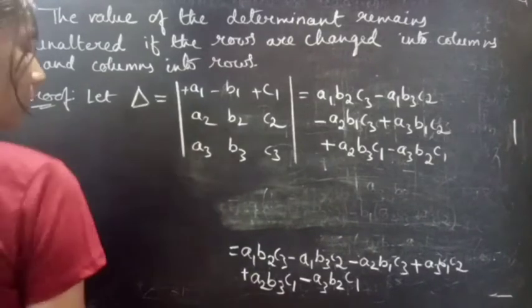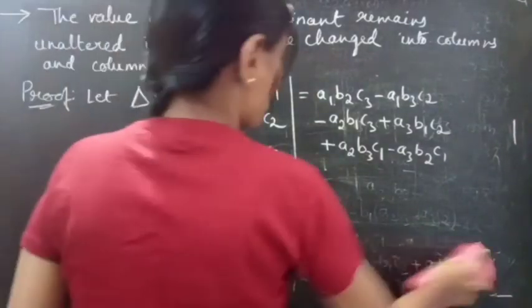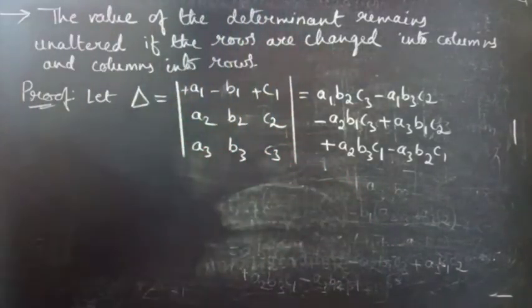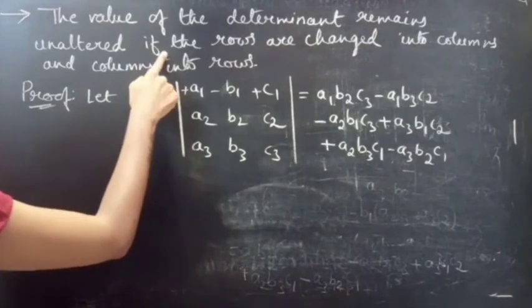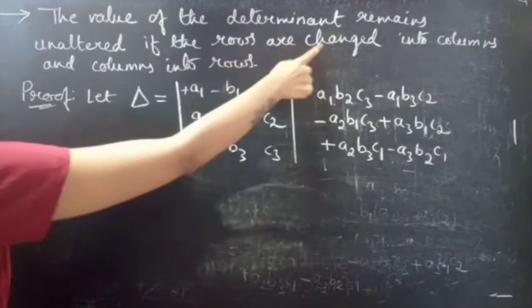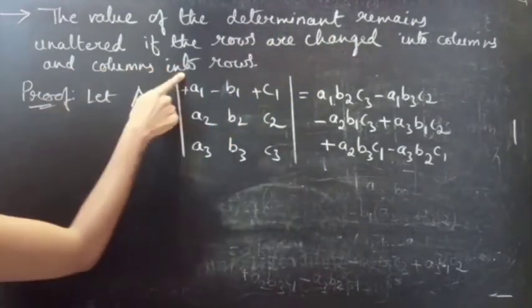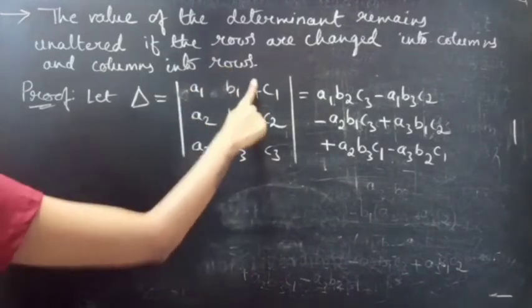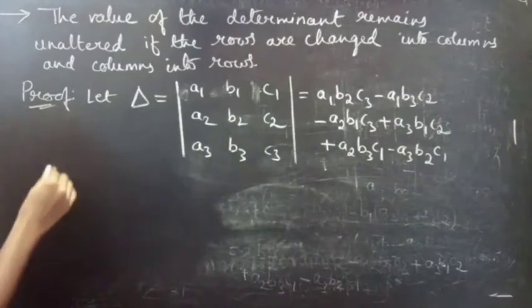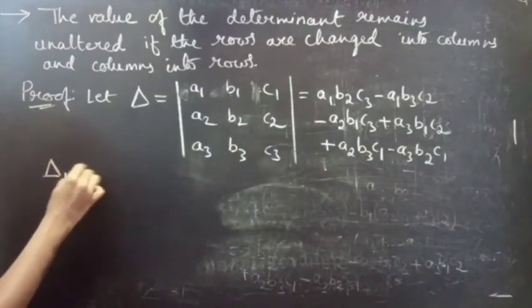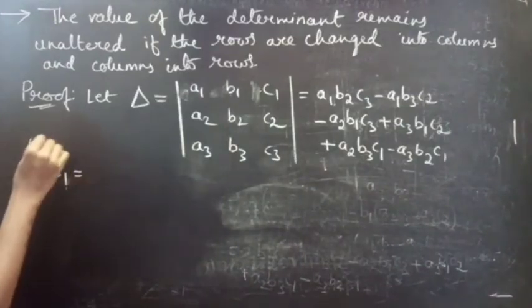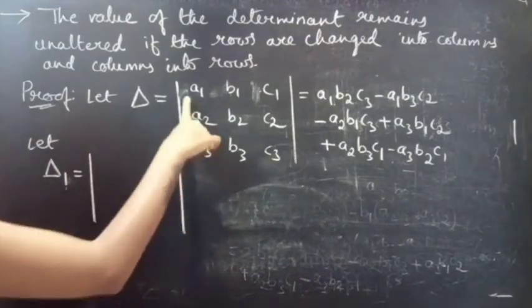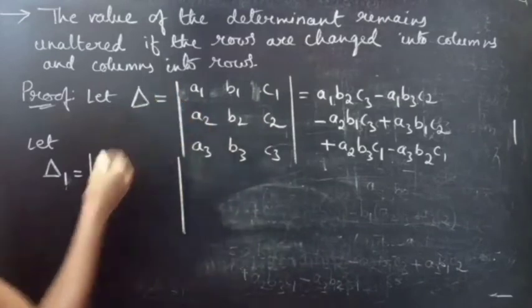Now we are going to change rows into columns and columns into rows. Let delta 1 equal to the determinant after changing this row to column.